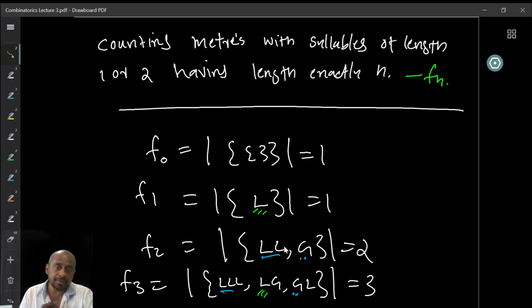Right? So if you take any meter of length n minus 1 and add a laghu at the end, you will get a meter of length n. Similarly, if you take a meter of length n minus 2 and add a guru at the end, you will again get a meter of length n. But these 2 meters are different because the last syllable is a laghu in the first case and a guru in the second case.